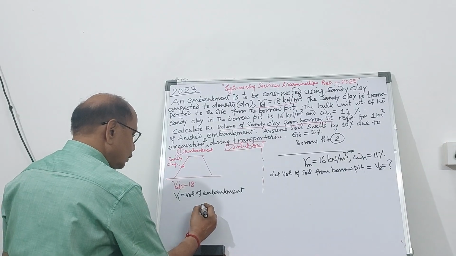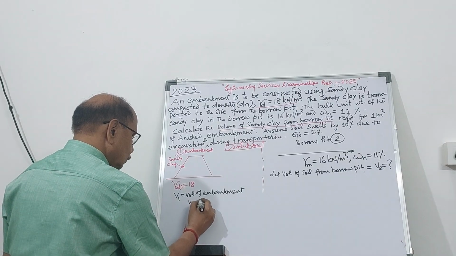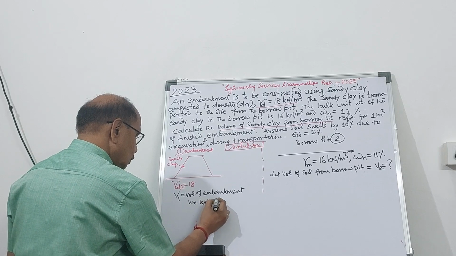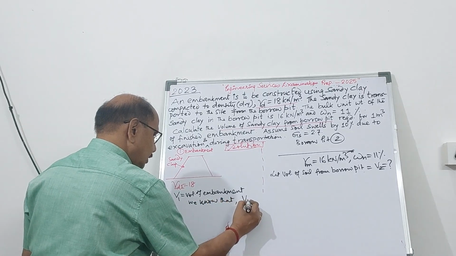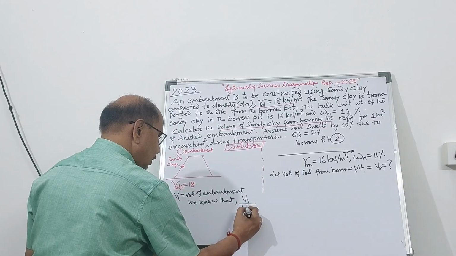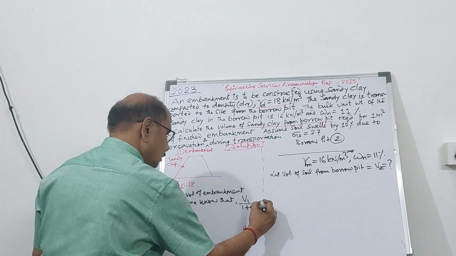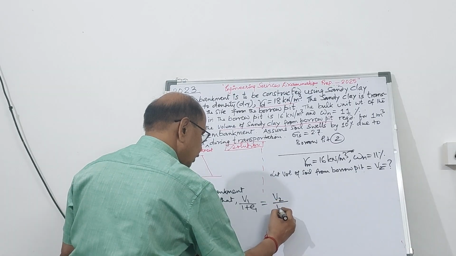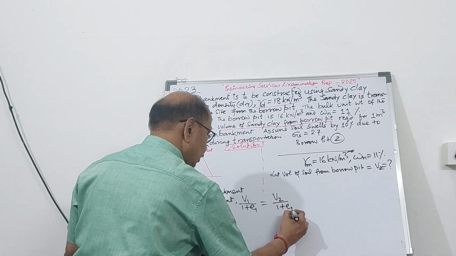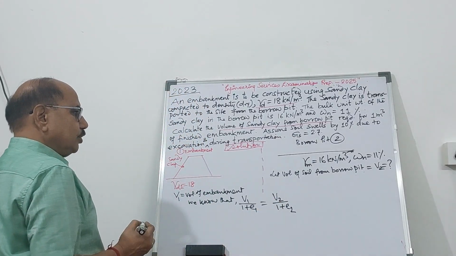We know that V1 upon 1 plus E1 equal to the volume V2 divided by 1 plus E2.